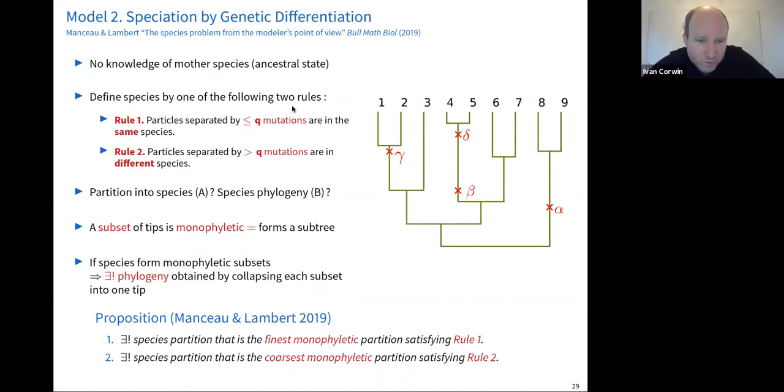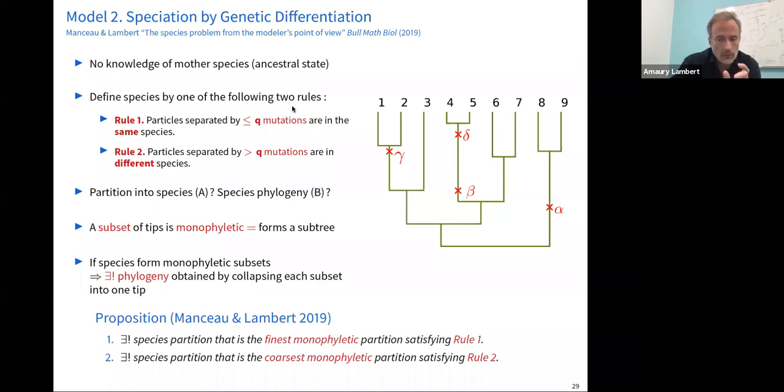Could you explain again what monophyletic means? So monophyletic is a property of a subset of tips which are related by a tree. It means that this subset forms a subtree in the genealogy.